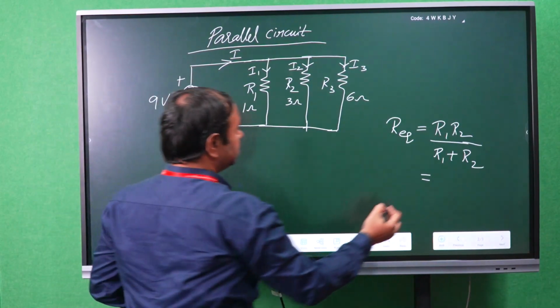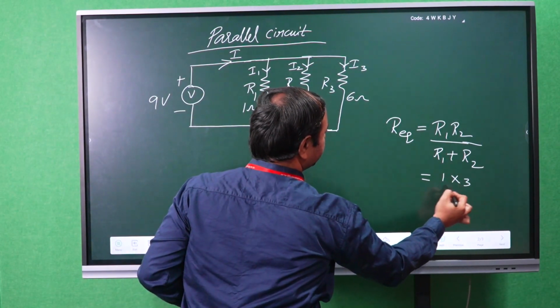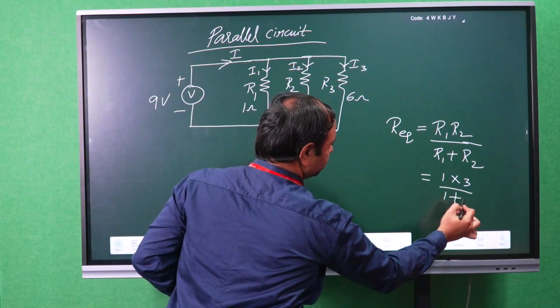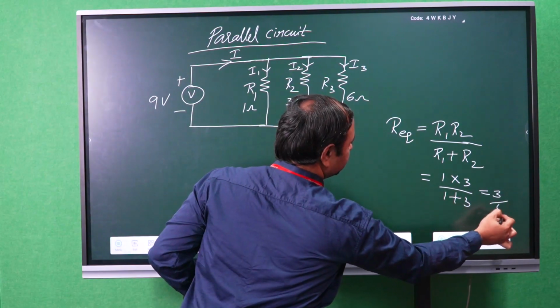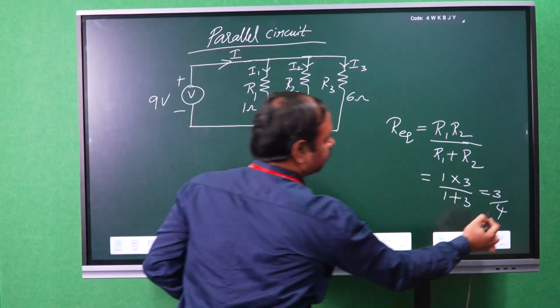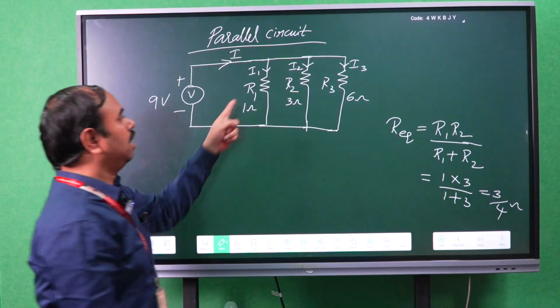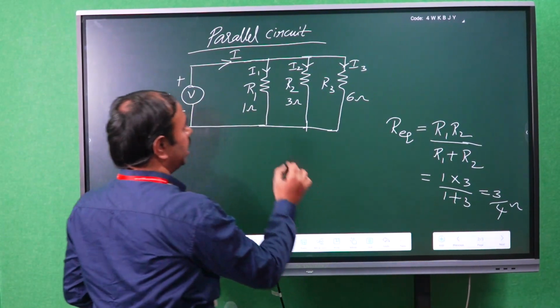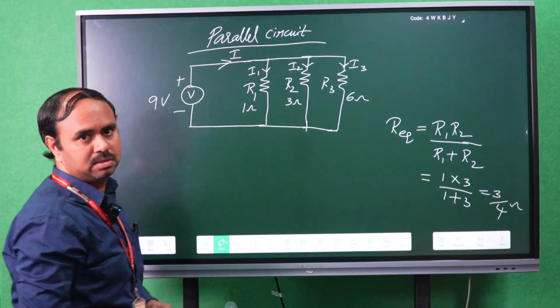So R1 is 1 into R2 is 3, divided by R1 plus R2, that is 1 plus 3. It is 3 by 4. So 3 by 4 ohms is the R equivalent for these two resistances.